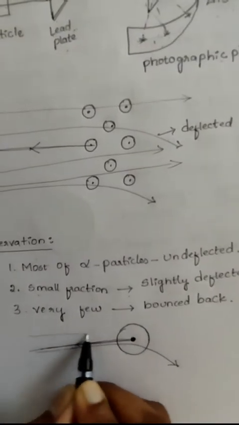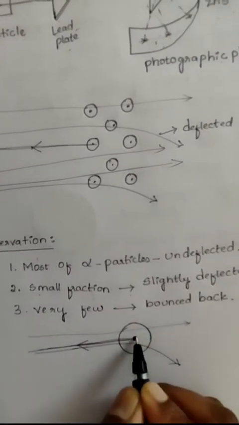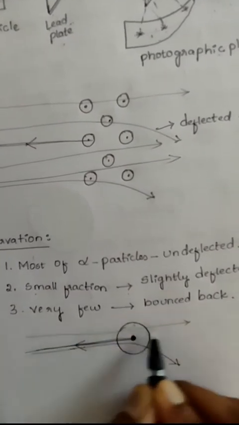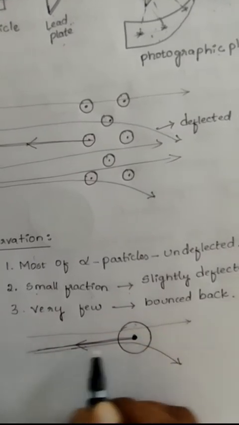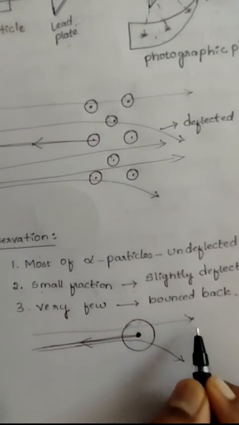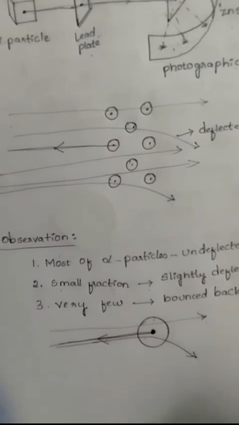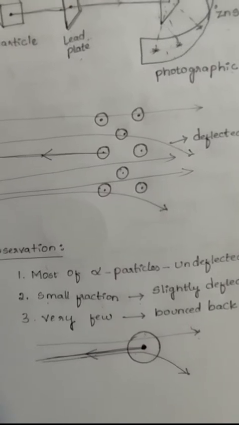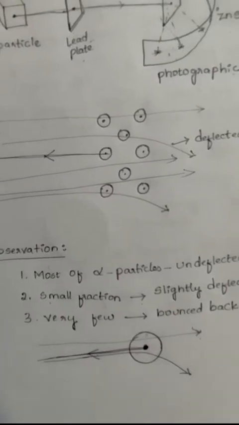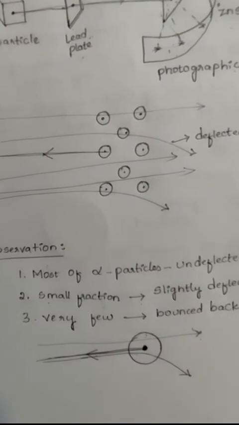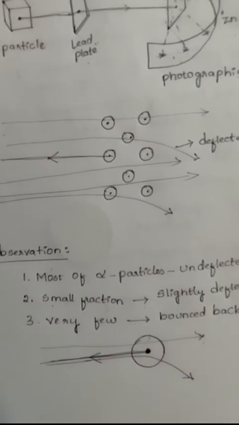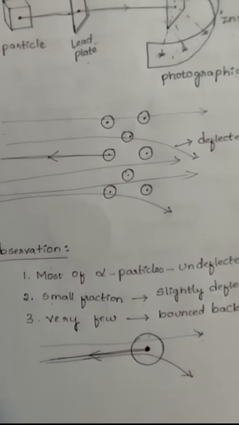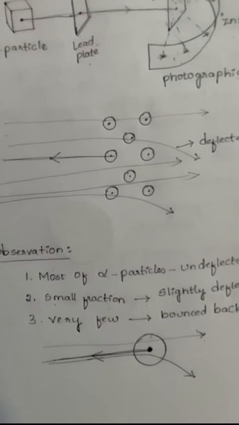And when an alpha particle is passing through the atom far away from the positive part, it goes in a straight line, that is, it is not deflected. Based on this conclusion, Rutherford proposed that there is a positive charge within the atom and it occupies a very small volume when compared to the total volume of the atom.